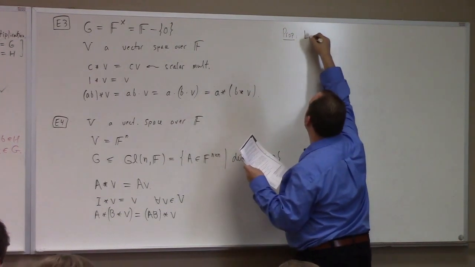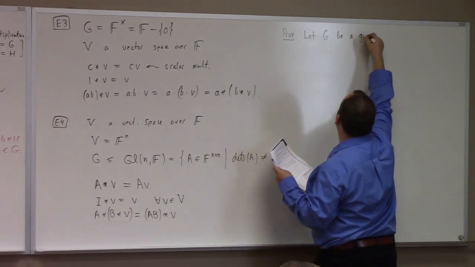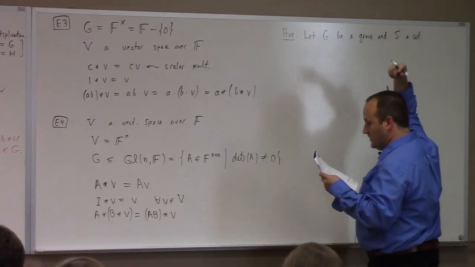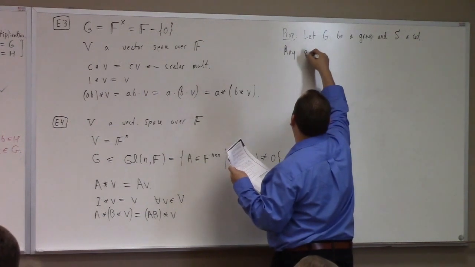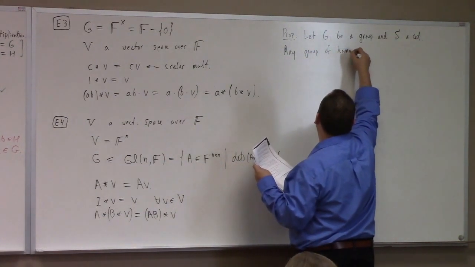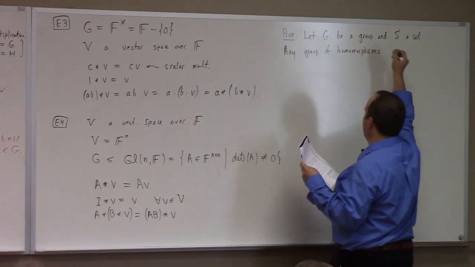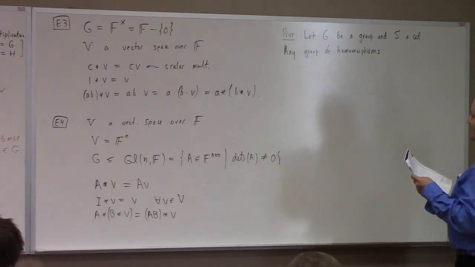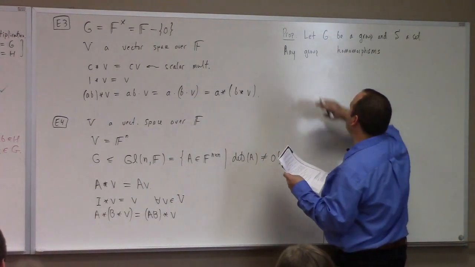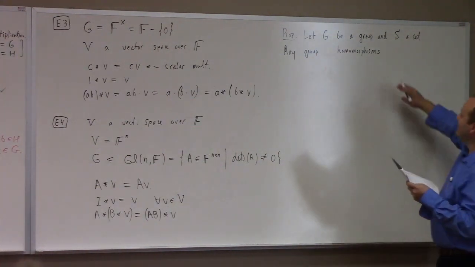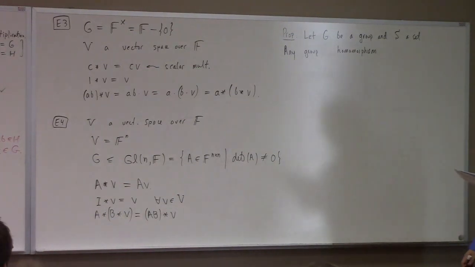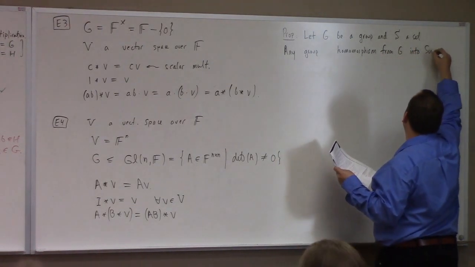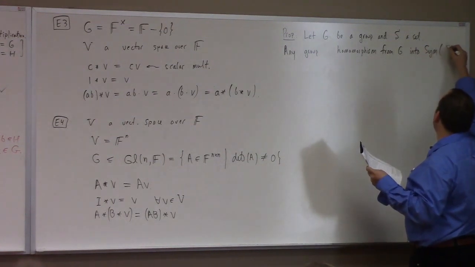Let G be a group and S a set. Any group homomorphism from G into the sim S, what's that going to be?